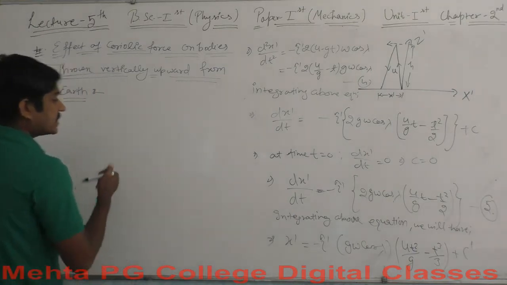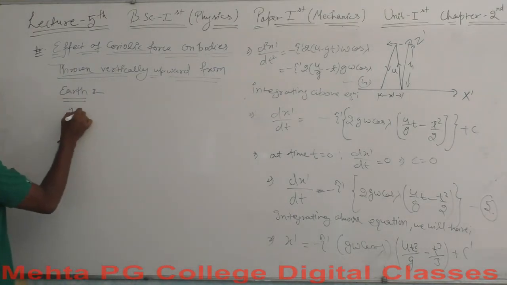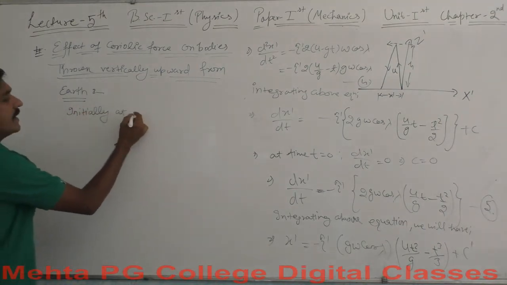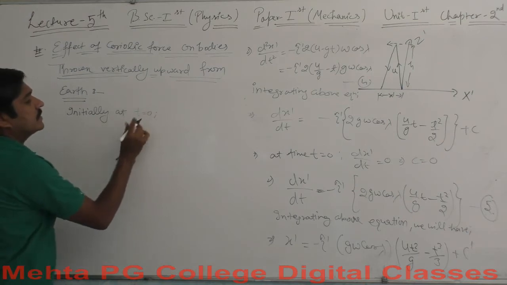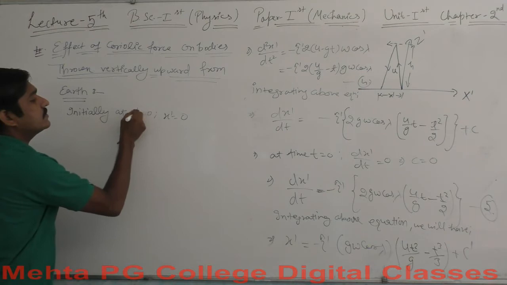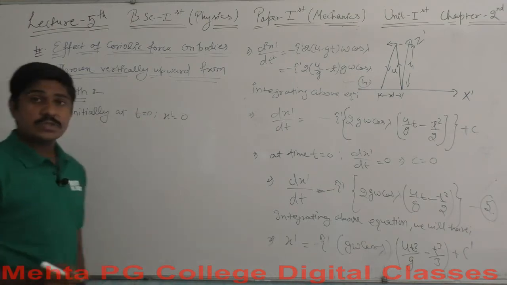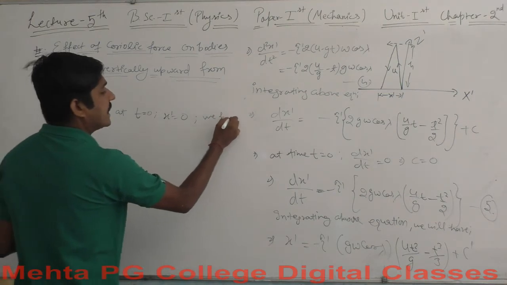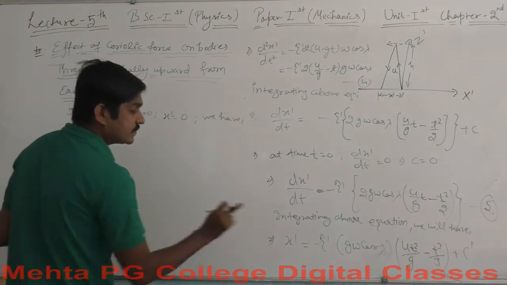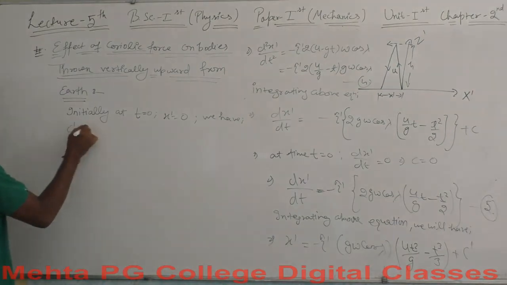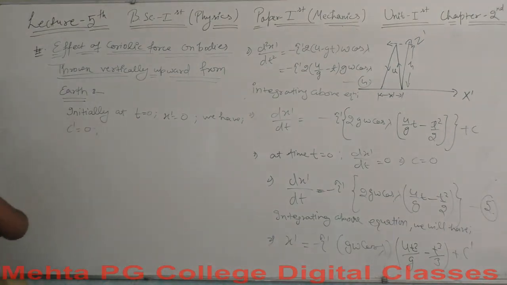So this is the x dash here. Initially, at t equals 0, x dash will also equal 0. So when x dash equals 0, what do we have? We have c dash will be 0.